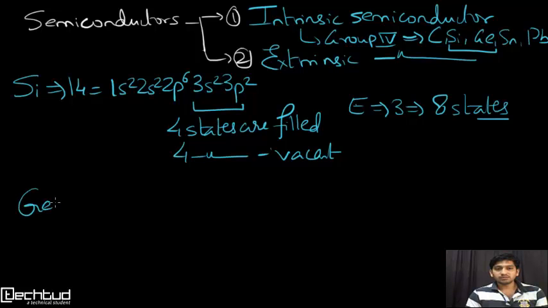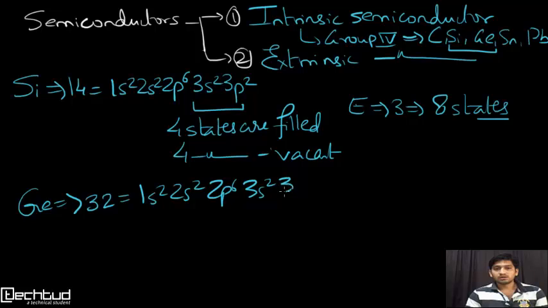Similarly, for germanium, the atomic number is 32. That is again 1s2, 2s2, 2p6, 3s2, 3p6, then 3d10, 4s2, 4p2. Okay.